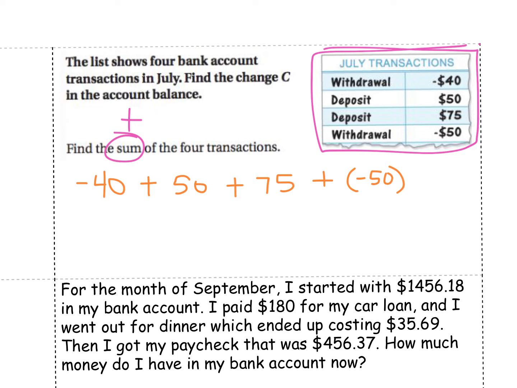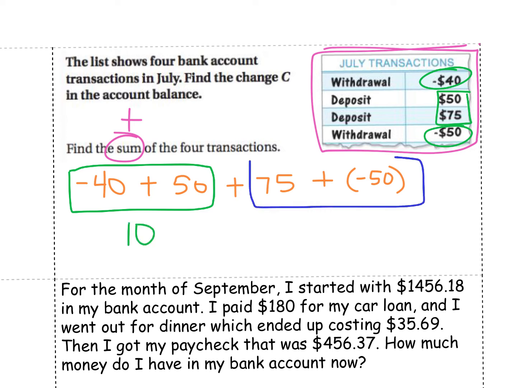And then we just need to add 2 at a time, okay? So I like to break it up into 2 values at a time. I don't care how you put it together. Some kids like to put their negatives together and their positives together. I just like to look at 2 at a time. So I'm going to look at these 2. I know negative 40 plus 50 is 10. And then I'm going to look at these 2, and I'm actually going to pull that sign with it. 75 plus negative 50.